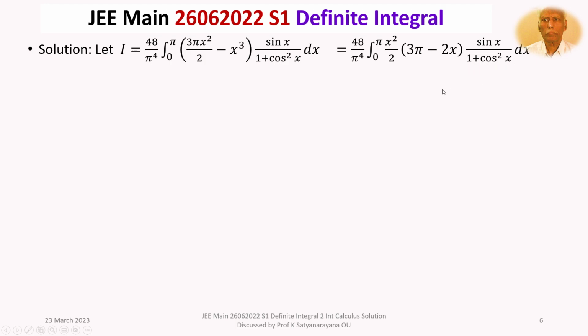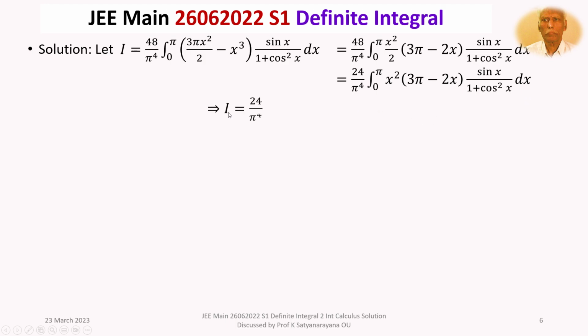With respect to x. This 1 by 2 is taken outside, so it will be 48 by pi to the power of 4 into 1 by 2, that will be 24 by pi to the power of 4, integral 0 to pi x square into 3 pi minus 2x, multiplied by sin x by 1 plus cos square x dx.